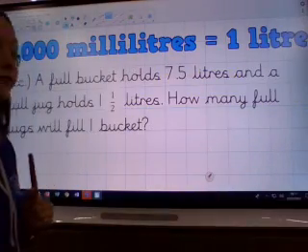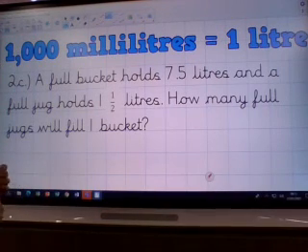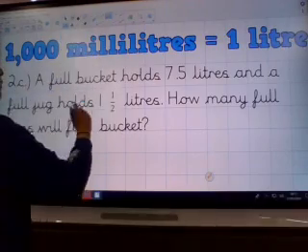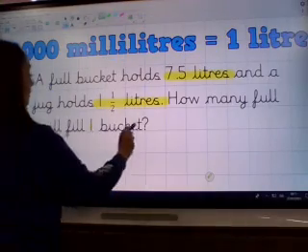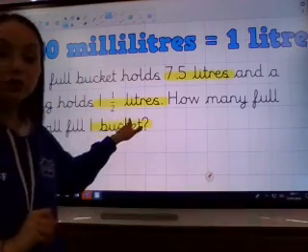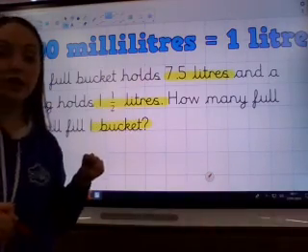C then says a full bucket holds 7.5 litres and a full jug holds 1.5 litres. How many jugs will fill 1 bucket? Okay, so that's my key information, and they've just tried to confuse you here by putting the fraction in.